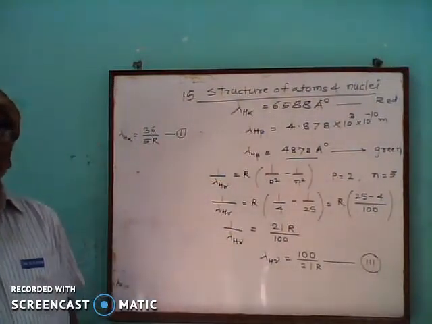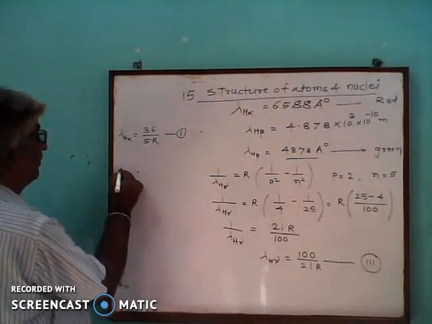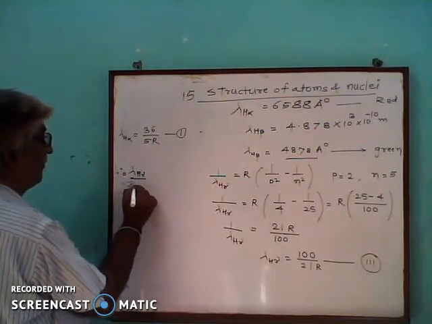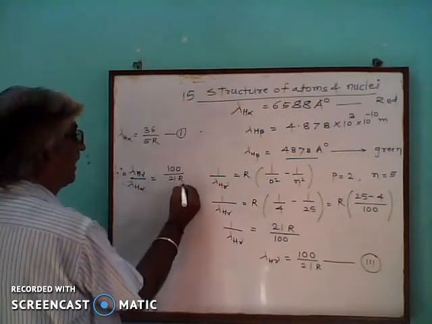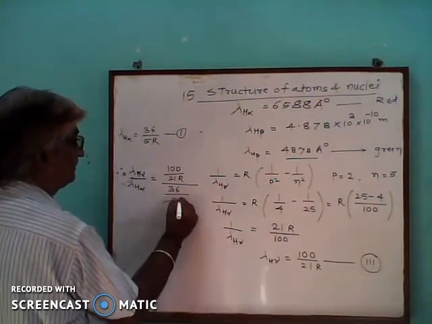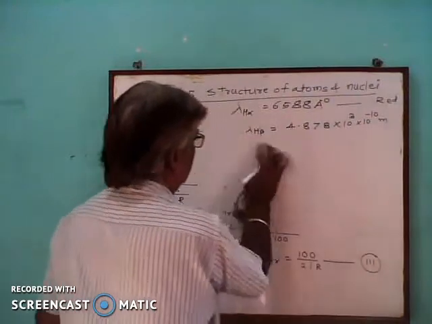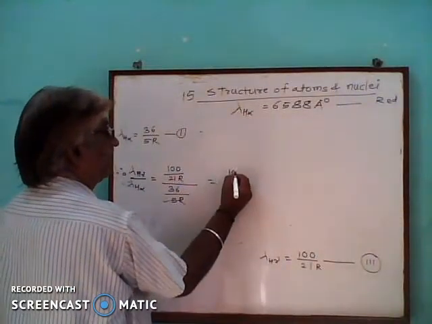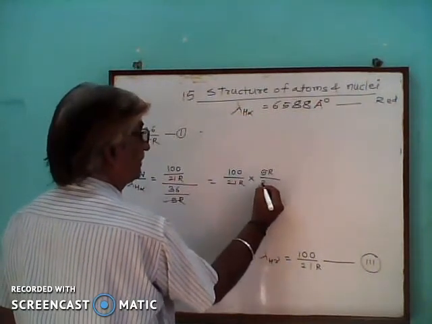So for the H gamma line, we can divide equation 3 by equation 1. What happened? Therefore, lambda H gamma upon lambda H alpha is equal to 100 upon 21 R, divided by 36 upon 5 R. See here, it will be 100 upon 21 R multiplied by 5 R upon 36.